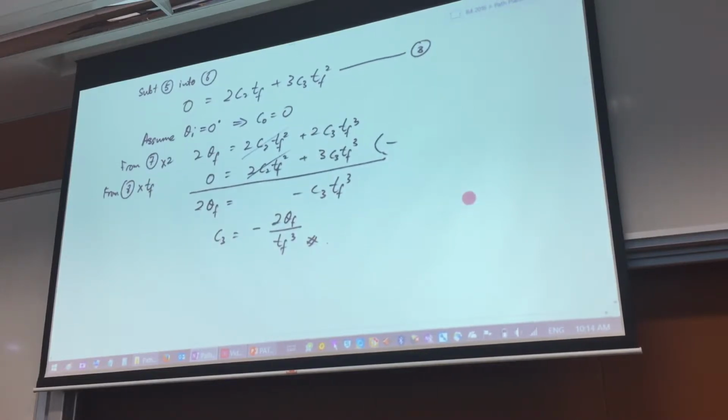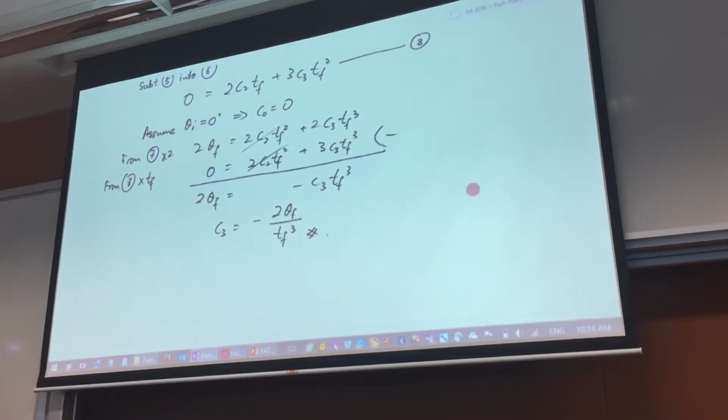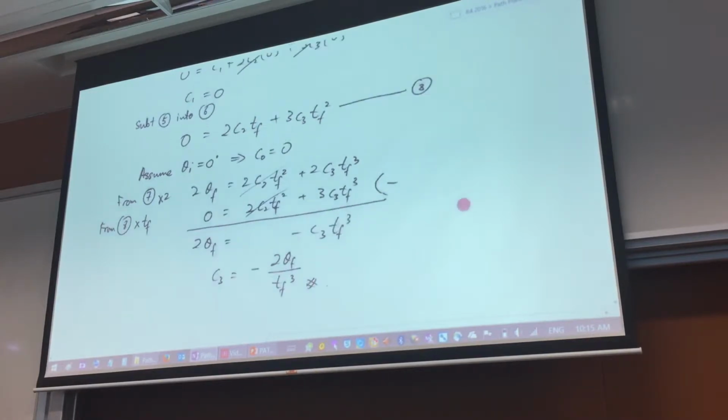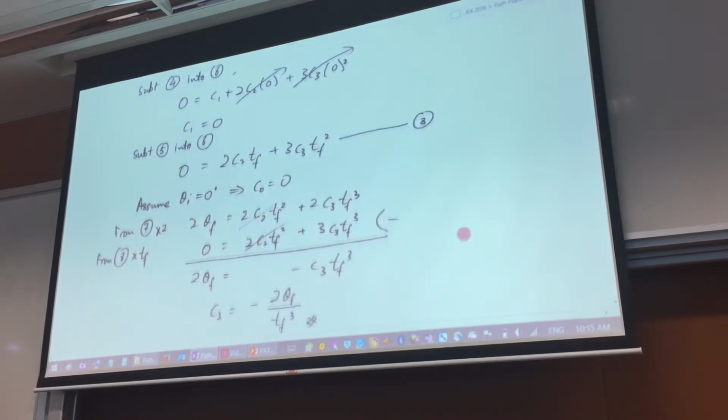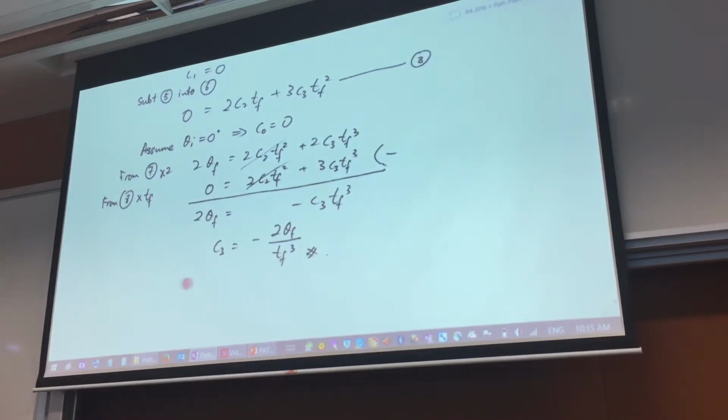I have one more unknown, that's C2. So what I'll do is substitute C3 into one of these equations. So if I were to do that, which one is better? Yeah, I'll just take any one. So if I substitute C3 into this equation, I'll get 2C2 TF equal to minus 3.